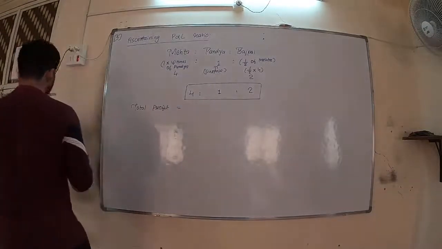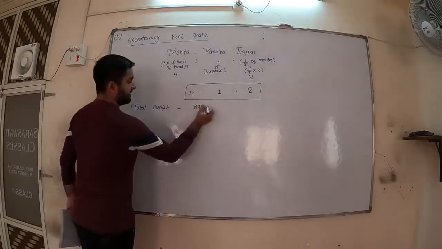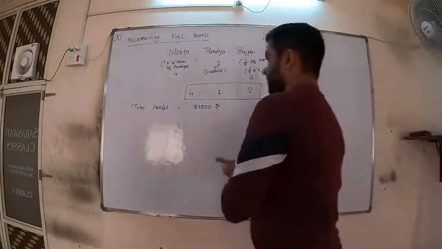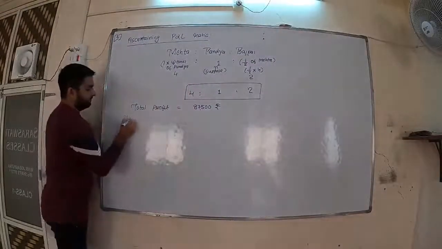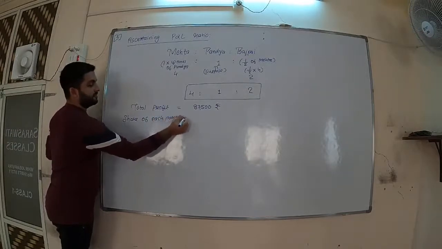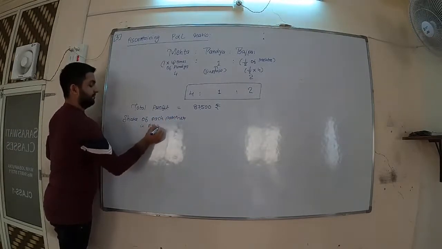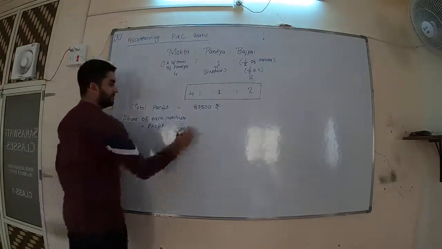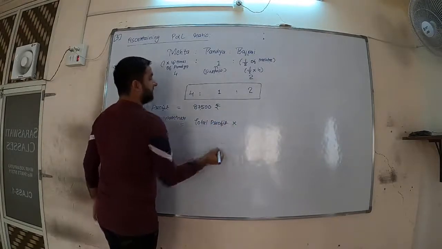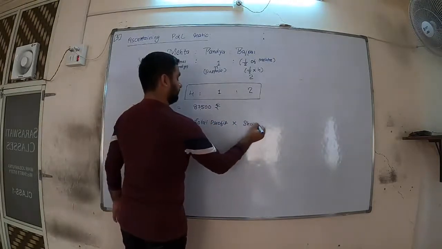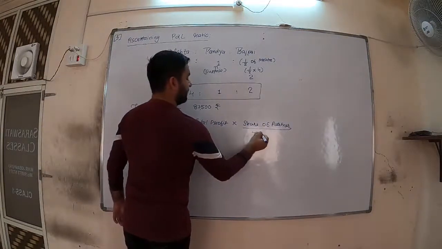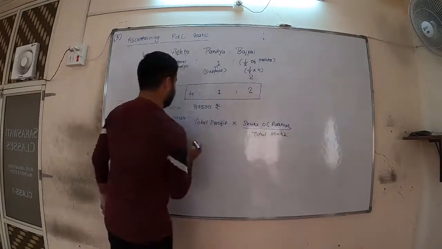Now, total profit is 87,500 rupees. Now, share of each partner in profit is equal to total profit multiplied by share of partner divided by total share.